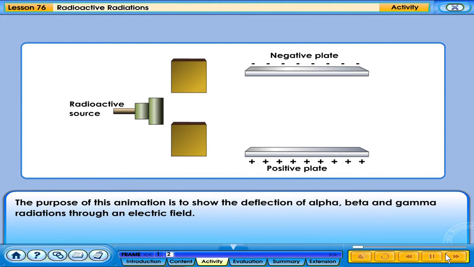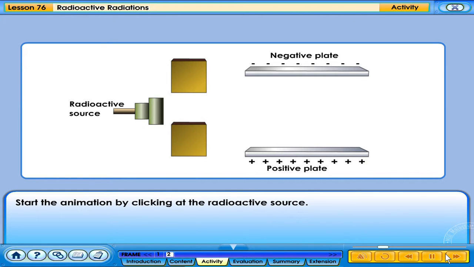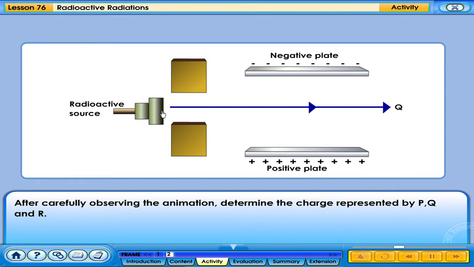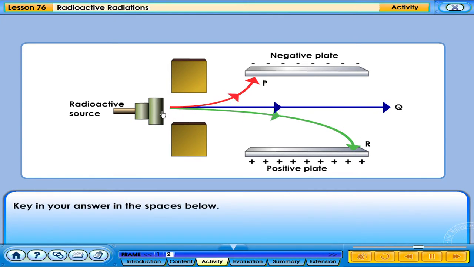The purpose of this animation is to show the deflection of alpha, beta, and gamma radiations in an electric field. Start the animation by clicking on the radioactive source. After carefully observing the animation, determine the charge represented by P, Q, and R. Key in your answer in the spaces below.